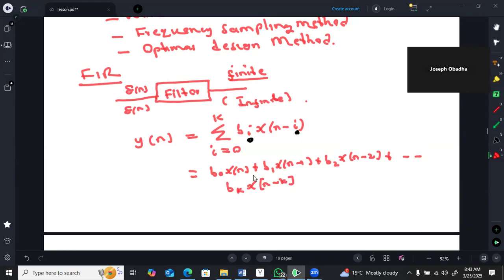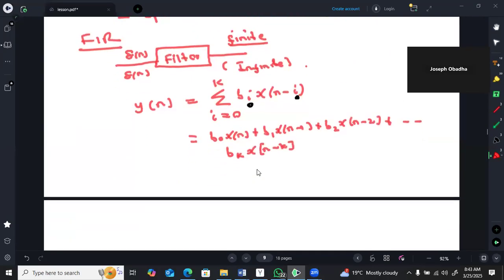In fact, to make it even clearer, we can choose a particular value of k. Let's say k is equal to 2. Then the filter output will simply be expressed as y of n equal to the summation from i equal to 0 to 2 of b_i x of n minus i.